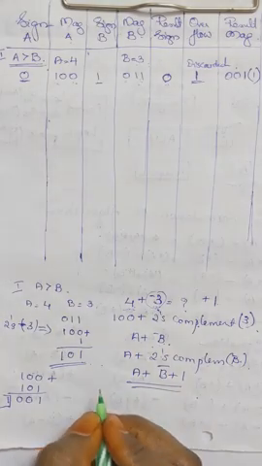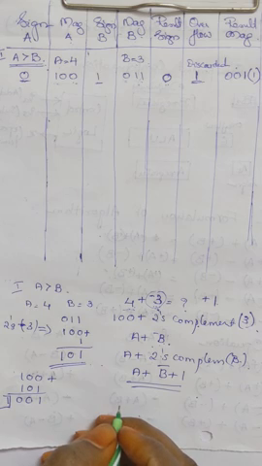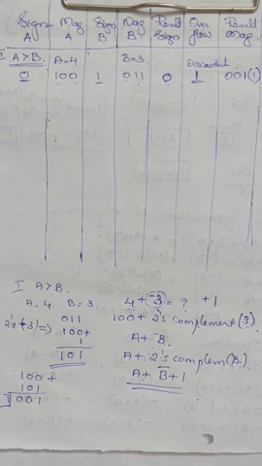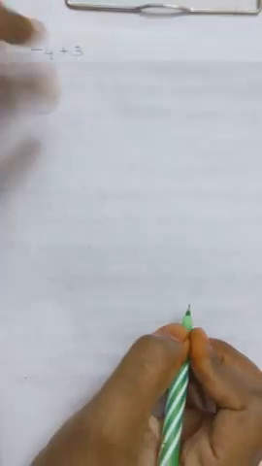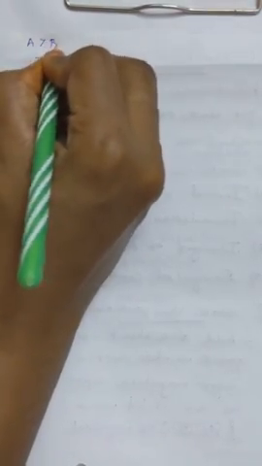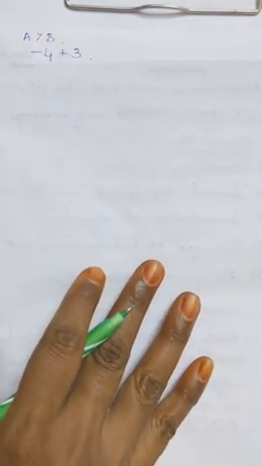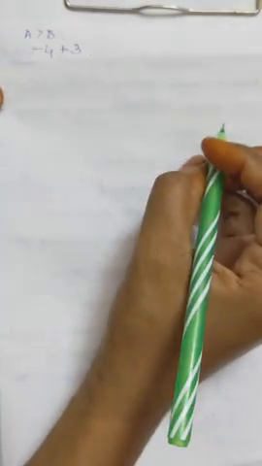Now we can consider another example in which you take minus 4 plus 3. Here also A is greater than B. Minus 4 plus 3, so what will be the result?